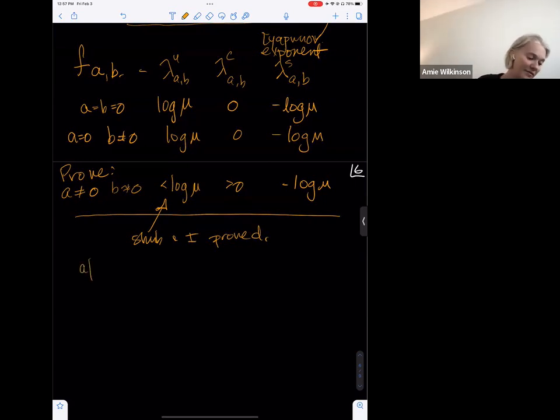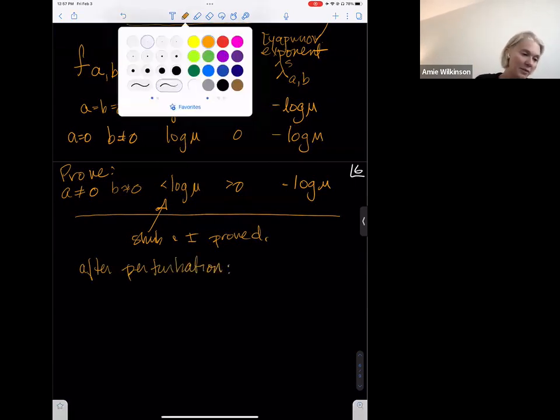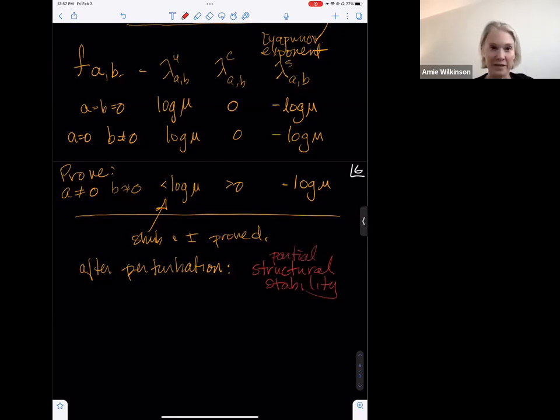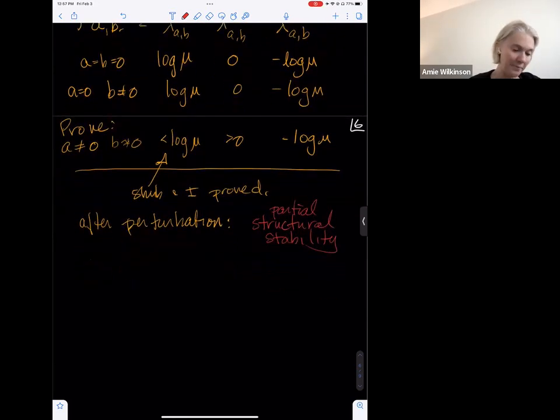The consequence is that after perturbation, there's a kind of structural stability. Now, we didn't prove this. It's a sort of partial structural stability. This was proved by Hirsch, Pugh, and Shub back in the 70s.